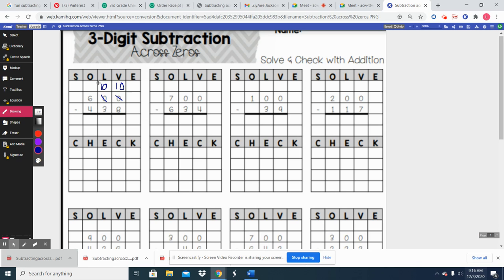And then we're going to have to borrow again, making it 1 less, because we didn't have enough to subtract here. We have to borrow from the 6 in the hundreds place, and we make it 1 less, which is a 5.